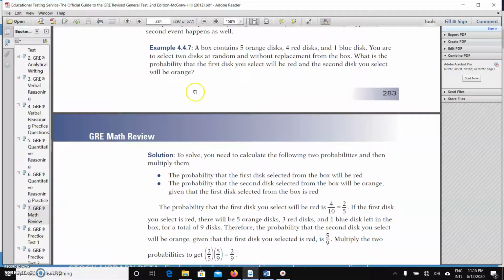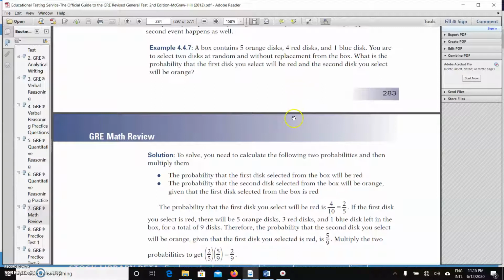What's the probability of selecting the red disc? Red discs are 4, right? That will be 4 over the total number of discs. Let me count it: 5 plus 4, that's 9, plus 1, that's 10. So the probability for red will be 4 over 10.